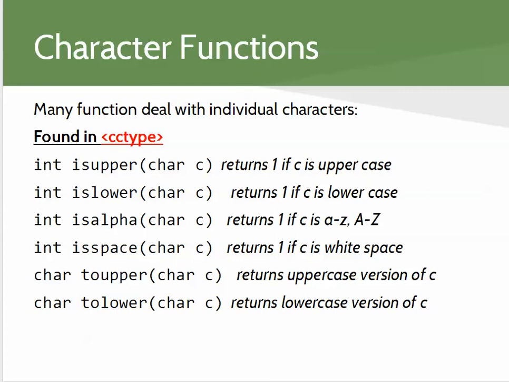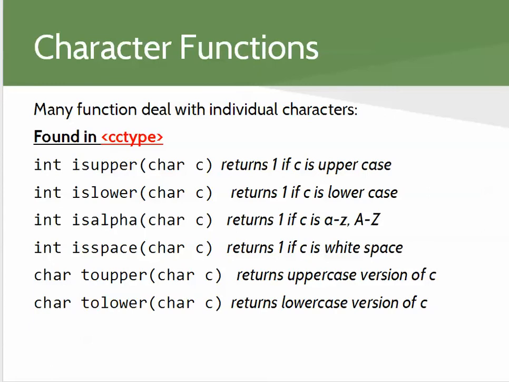So there's another library called cctype. It doesn't actually deal with strings per se, but it deals with characters. And it's got some really useful functions that will tell us whether a particular character is of a certain type or convert characters into different types.